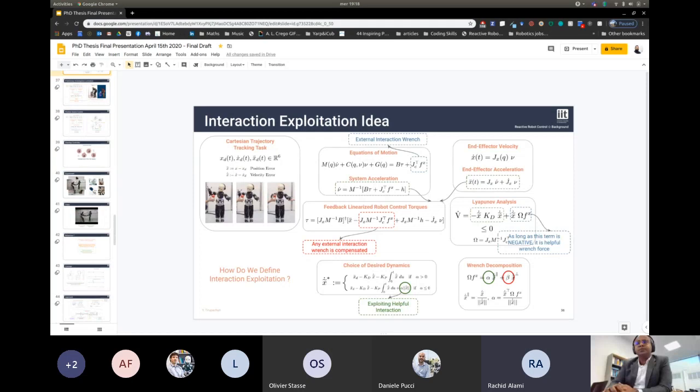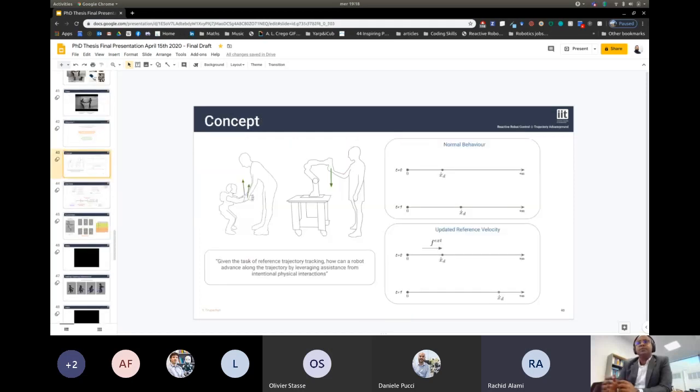Yes. Which means somehow the information comes to the robot not to change its plan, but to adapt its task, what it is doing. Yeah. Yes.